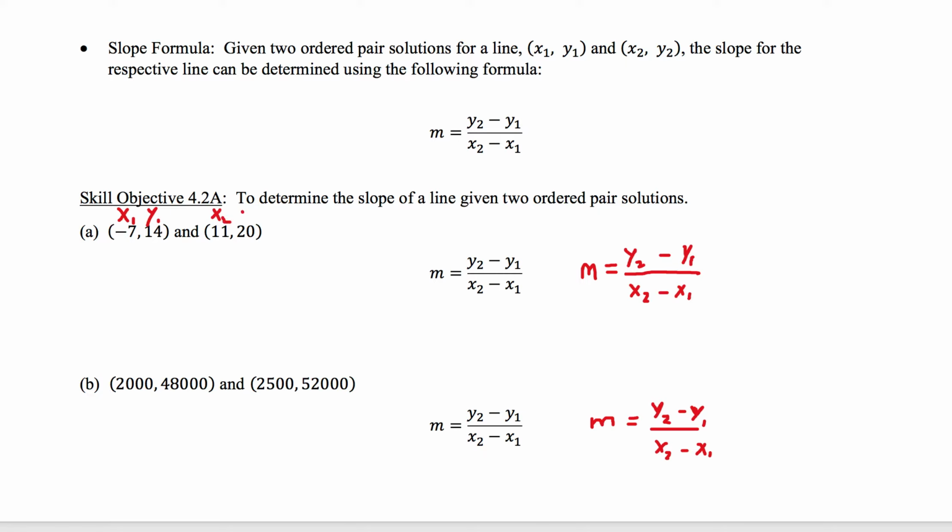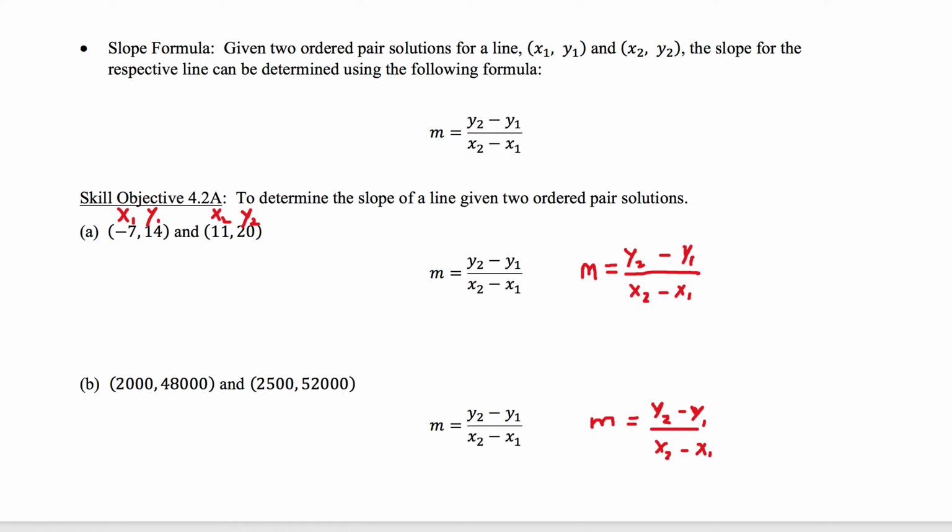and the second y. Now the only reason I'm saying that we should do that is because the most common mistake I see students making is taking the wrong number and putting it in the wrong place in the formula. So if you have it labeled, hopefully you can avoid some of those mistakes.